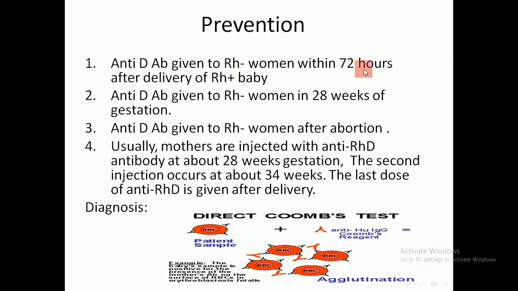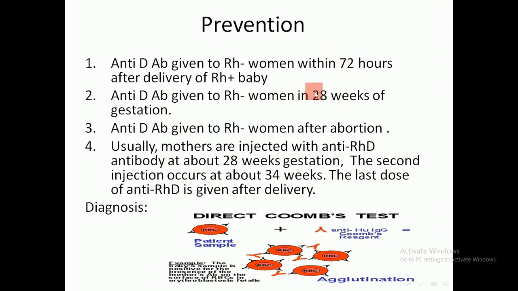So prevention: the antibody is given to the Rh negative mother within 72 hours after delivery of an Rh positive baby, and anti-D is given to the Rh negative woman at 28 weeks of gestation.